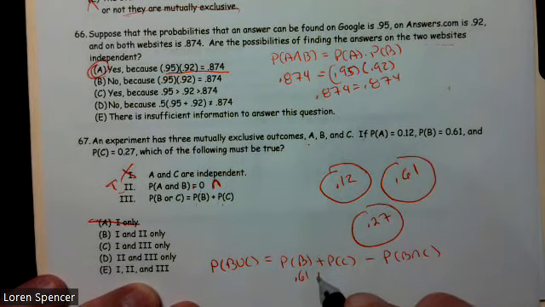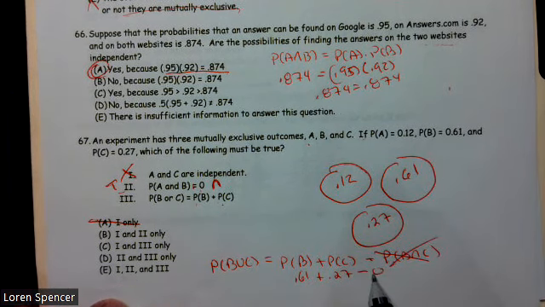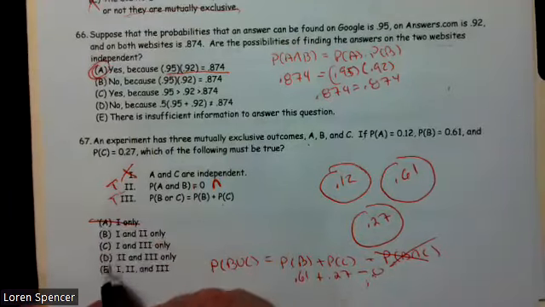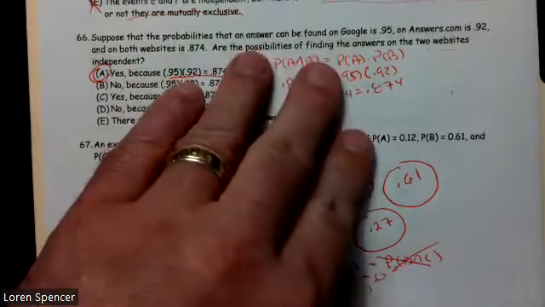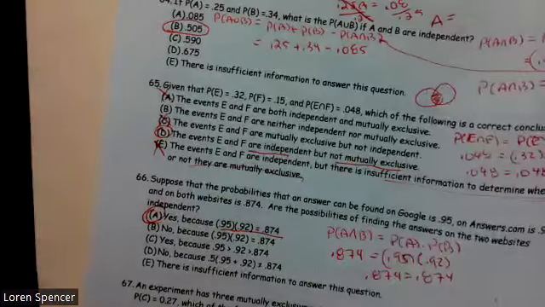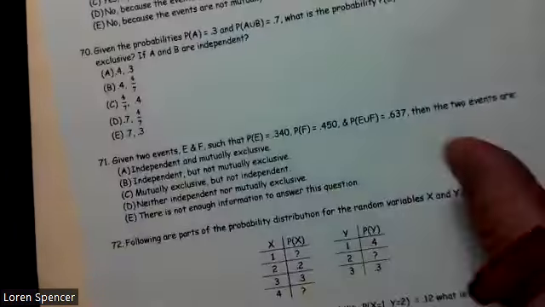C is 0.27. Oh, there's no overlap, so we're subtracting 0. So guess what? That isn't necessary in this case because they're mutually exclusive. And the reason there's no overlap is because they are mutually exclusive. So this is also true. So our answer choice is D. 2 and 3 are both true. Okay, moving on.